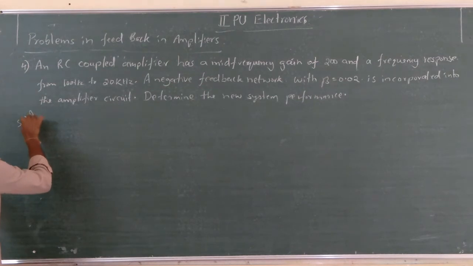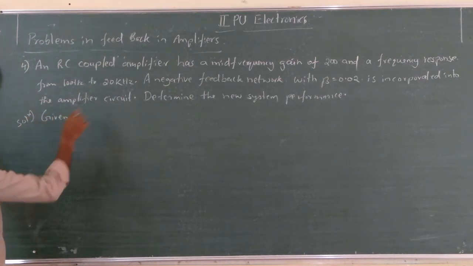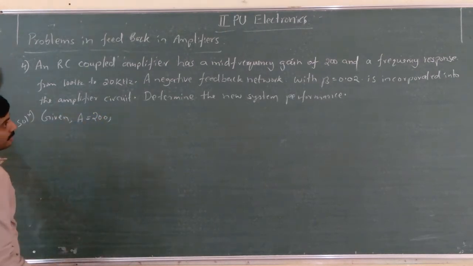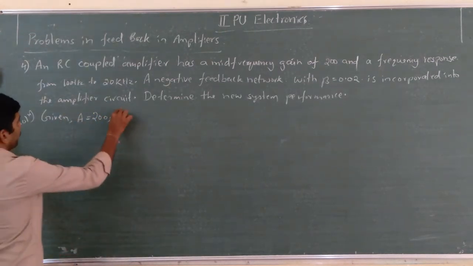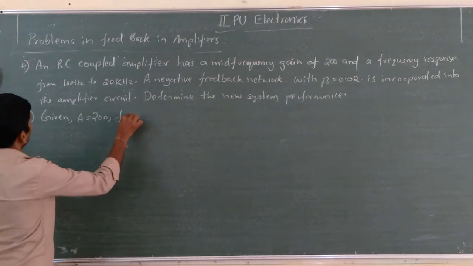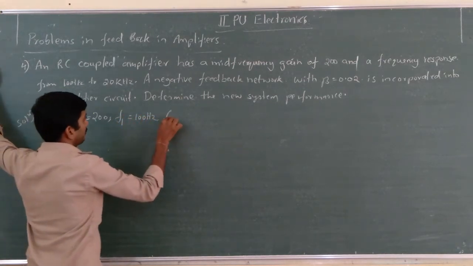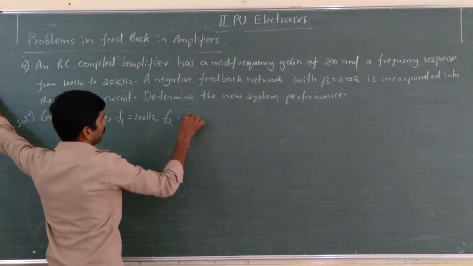Given mid frequency gain of 200, A without feedback is 200, and frequency response from F1 is 100 hertz and F2 is equal to 20 kilohertz.